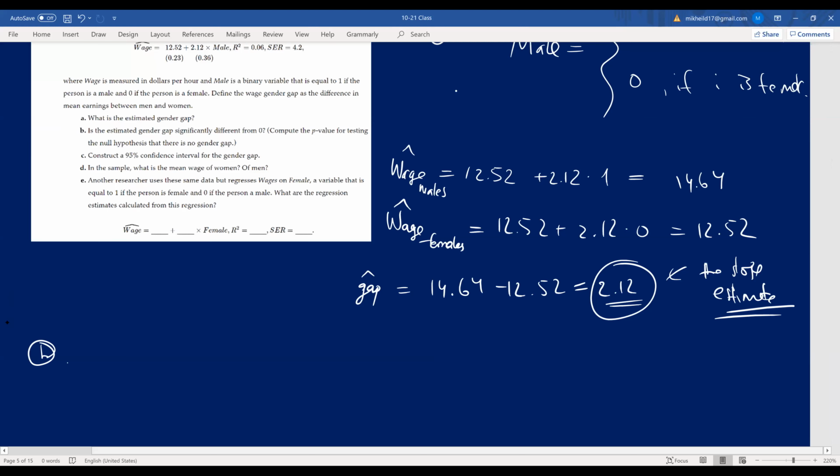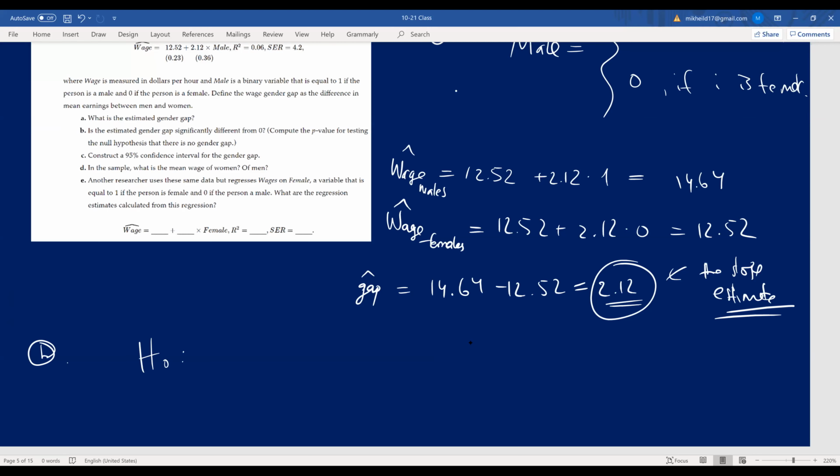Is the estimated gender gap significantly different from 0? What is the test hypothesis here? Guys, are you with me? What is H null?